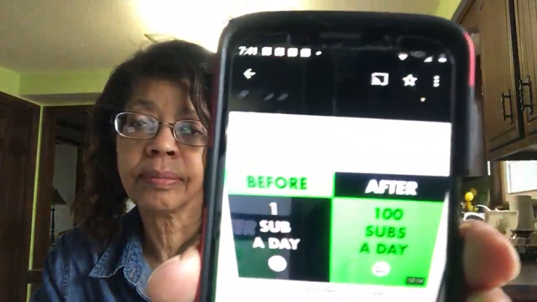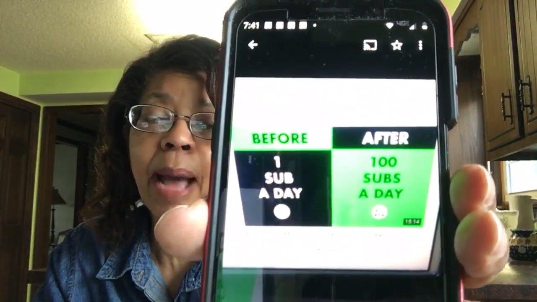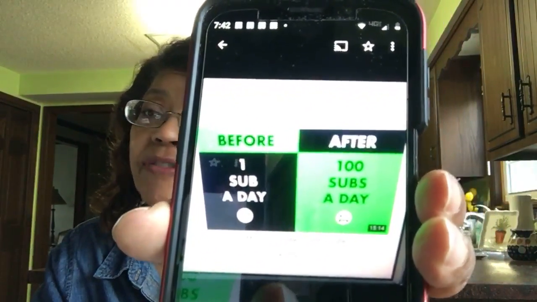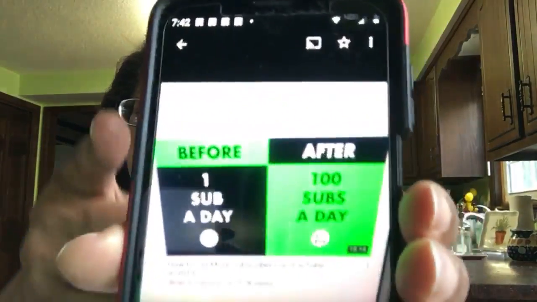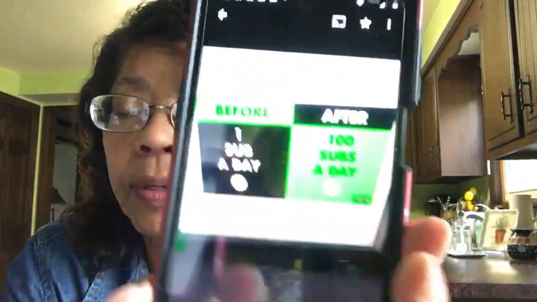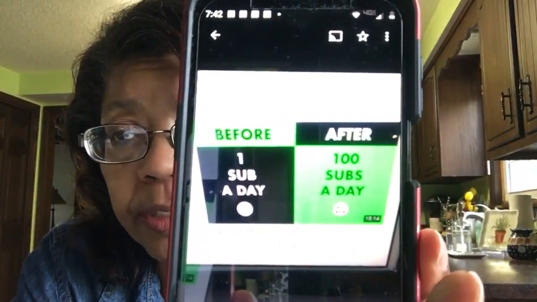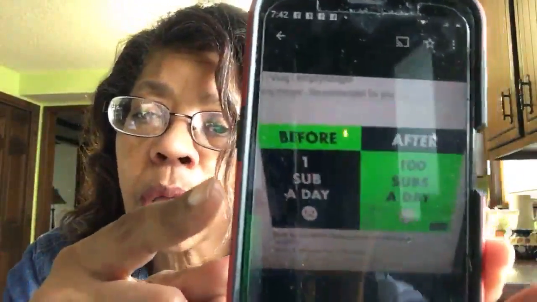When I was looking at, can you guys see that? That's a thumbnail that I took a picture of, and it's by Brian G. Johnson. Now, I have never seen Brian G. Johnson use colors like that. So this one is before, and this one is after. It's almost like it's two pictures. There's about 8 words. So this one says before, one sub a day.